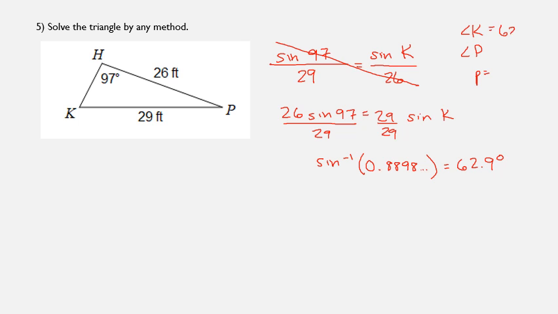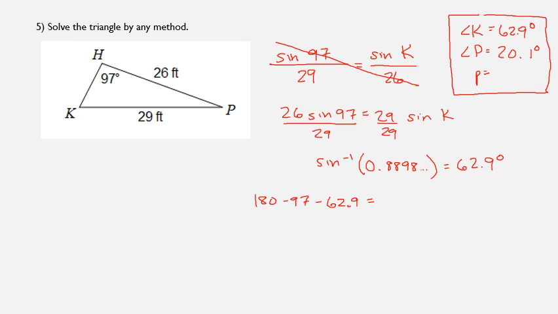So we got K, right? We're still missing angle P and side little p. So angle P will be easy to get because now we know 2 of the 3 angles. So just subtract from 180. So I'll type in my calculator 180 minus 97 minus 62.9, and I get 20.1.